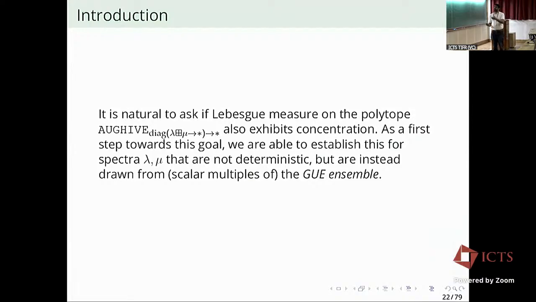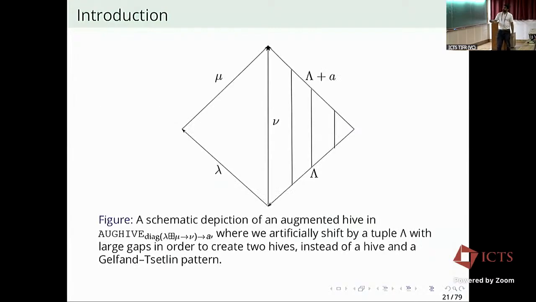So what this is saying is that when you pick a random point in these large hive polytopes, if your lambda and mu are converging to some continuum profile in some nice way, then what you observe in this third side here also converges to some profile. So although you're choosing this as a random point in some polytope, it is not truly random in the sense that as a limit of n tending to infinity, it converges to a deterministic profile, this in probability.